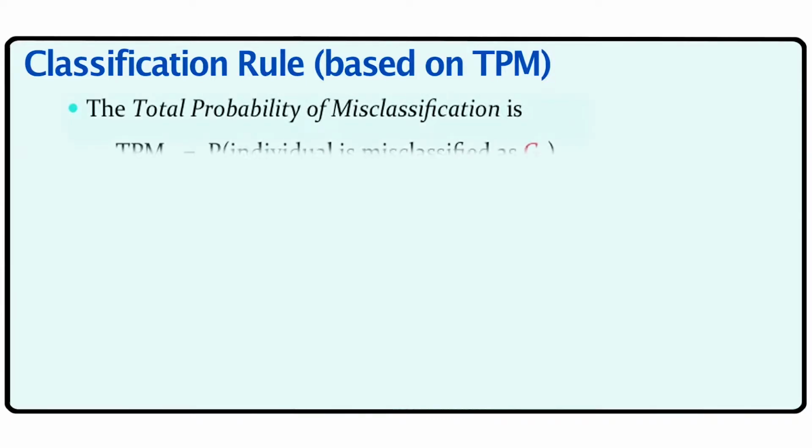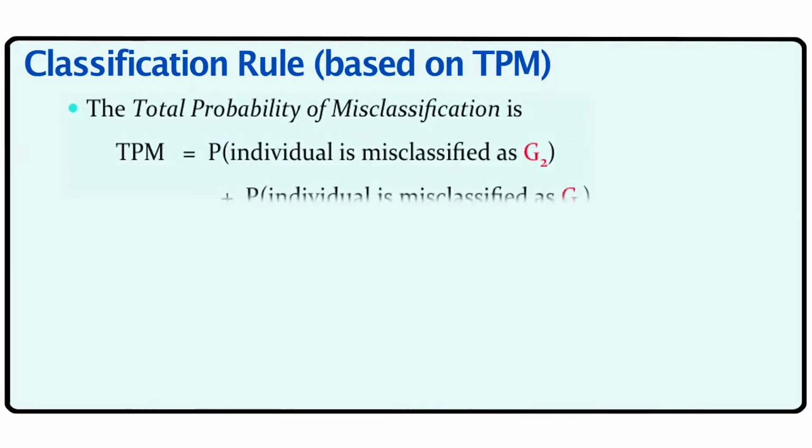Now there are several classification rules. The simplest, but probably not the best, is the total probability of misclassification rule. By the total probability of misclassification is meant the probabilities of the two misclassifications: the probability that an individual is misclassified as G2, and the probability that the individual is misclassified as G1.